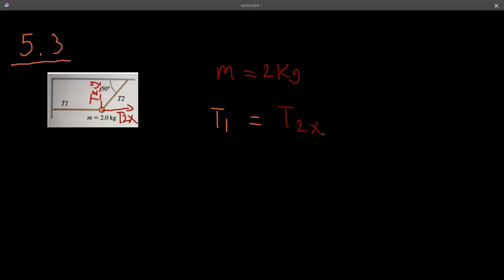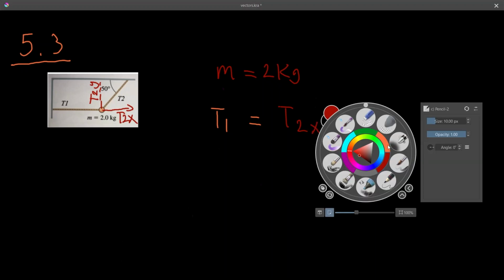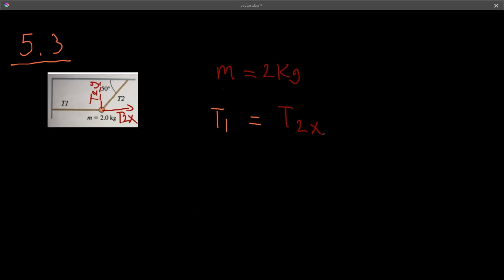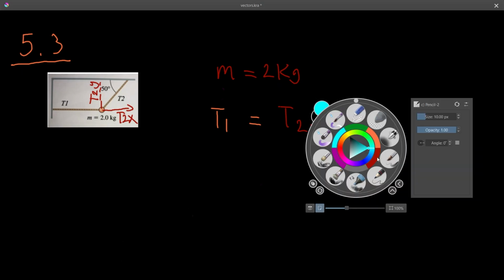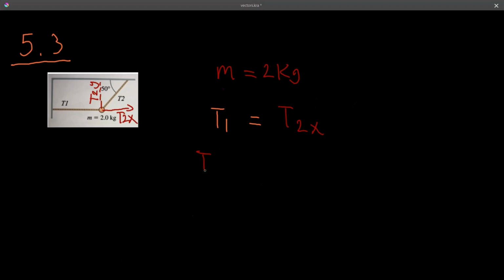It's equivalent to the x component. And we know that the y component of T1, T1y, is equal to Fg. It's equal to the weight of this ball, right? Equal to Fg.